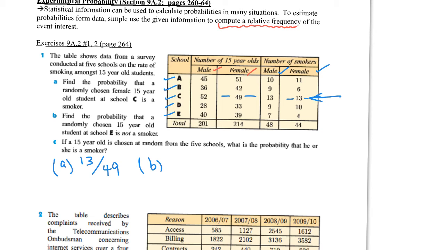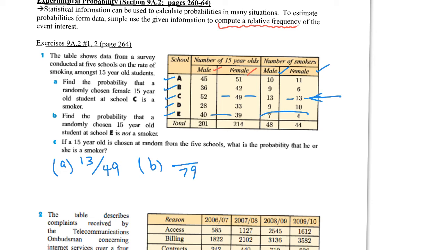Part B, find the probability that a randomly chosen 15-year-old at school E is not a smoker. So at school E, we would have a total of 79 students. Didn't mention gender, so we total up to 79 students. And then not a smoker.